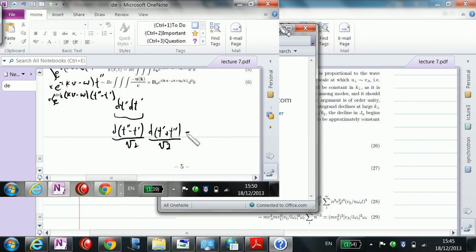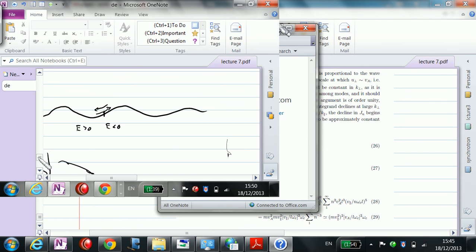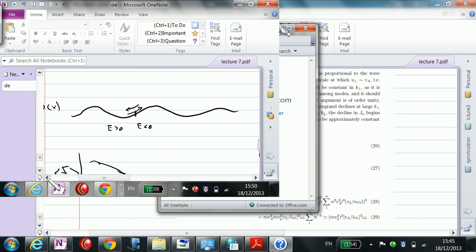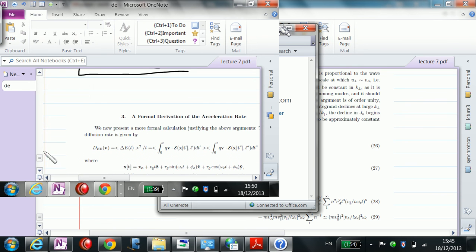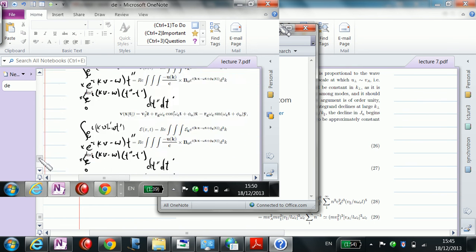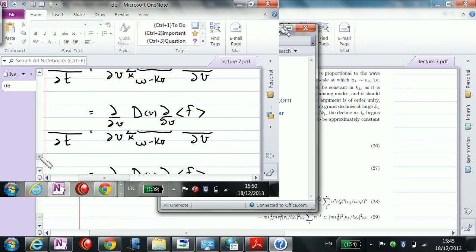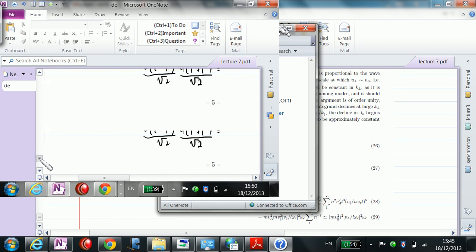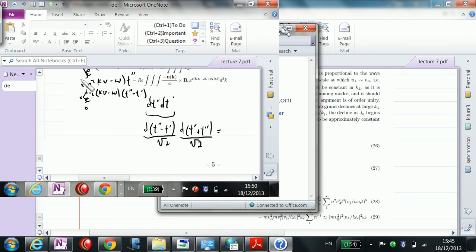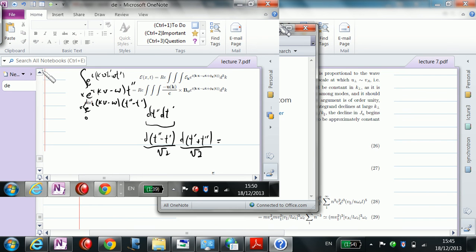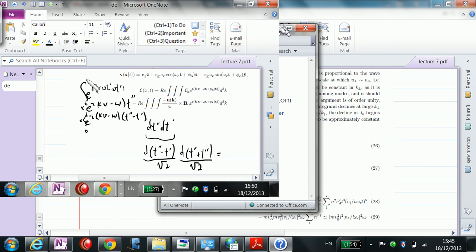So this ends up being approximately, and remember this integral is going from 0 to t. And the integral is going from 0 to t. And the second one also 0 to t? Yep.